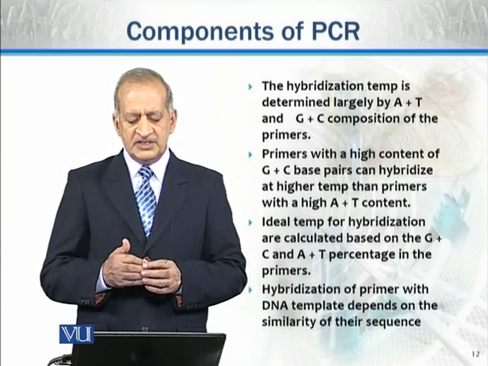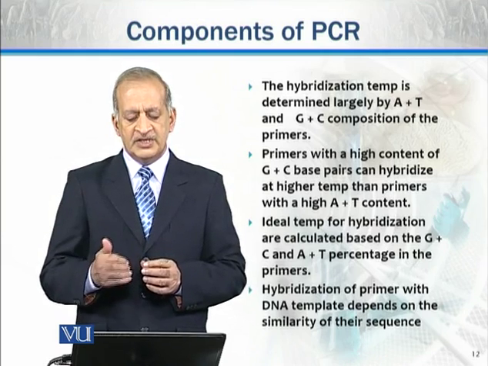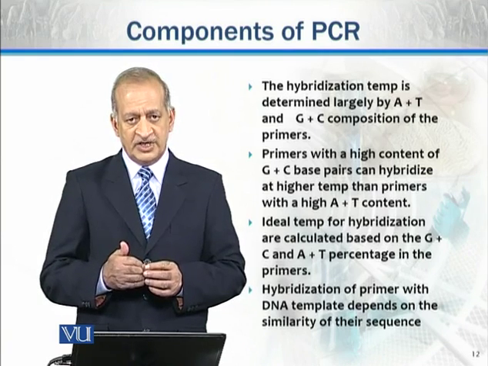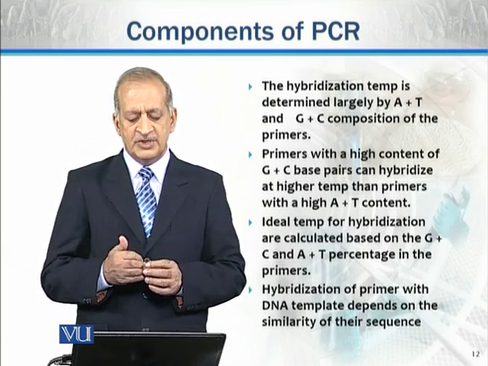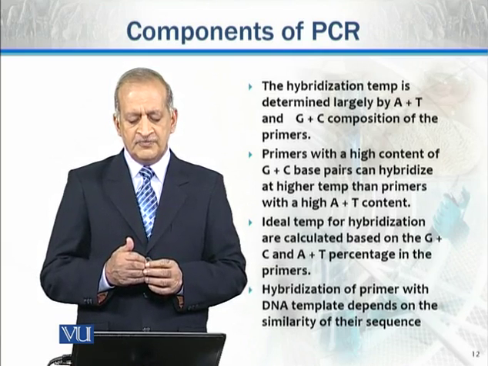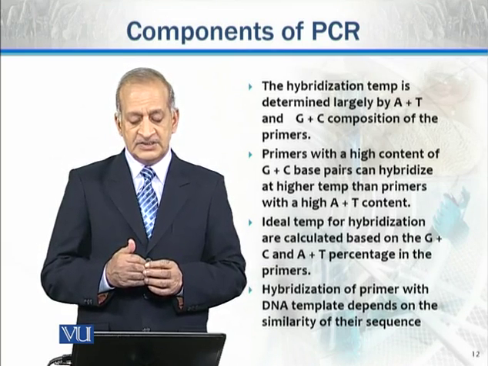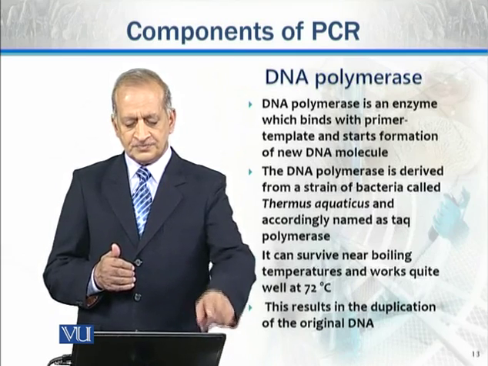The ideal temperature for hybridization is calculated based on the G plus C and A plus T percentage in the primers, and accordingly the hybridization temperature is calculated. Hybridization of the primer with the DNA template depends on the similarity of their sequence.